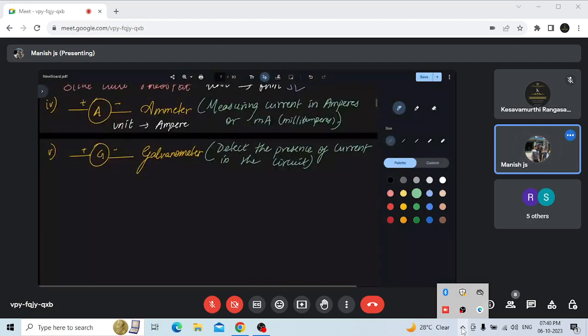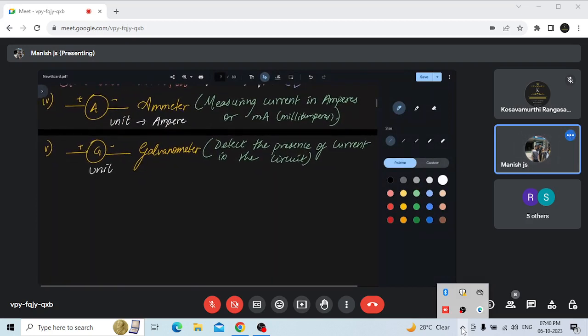And the unit of galvanometer is divisions per ampere. It has a needle which is usually in the center. If you've seen a galvanometer in the lab, before you connect it, the needle will be pointing to zero divisions. Once you connect it in any circuit and there is a potential difference, and current flows due to it, the galvanometer will show deflection.